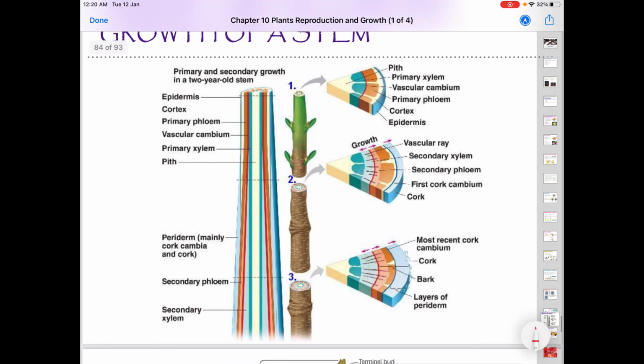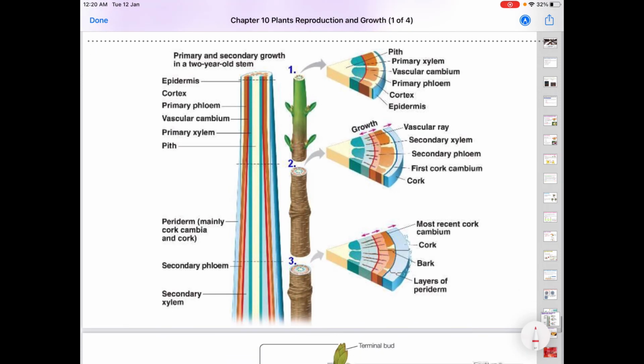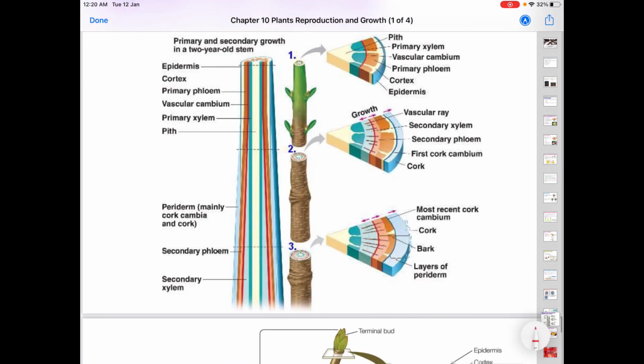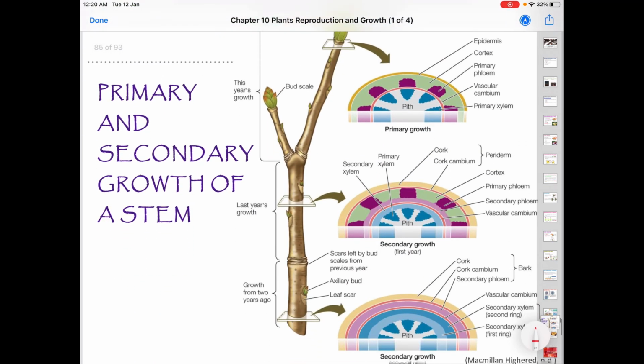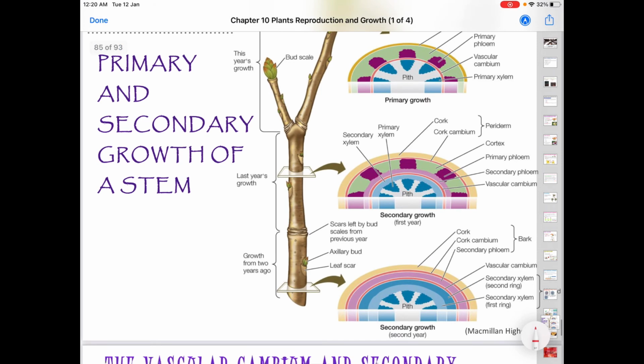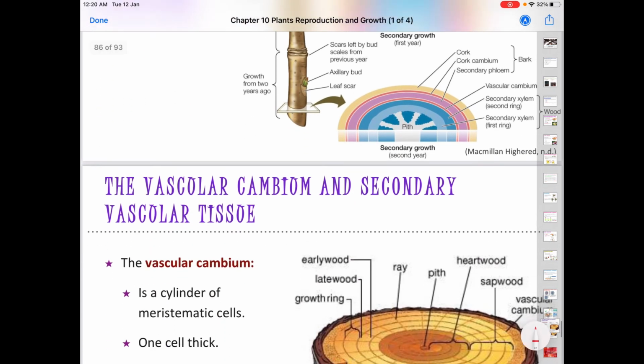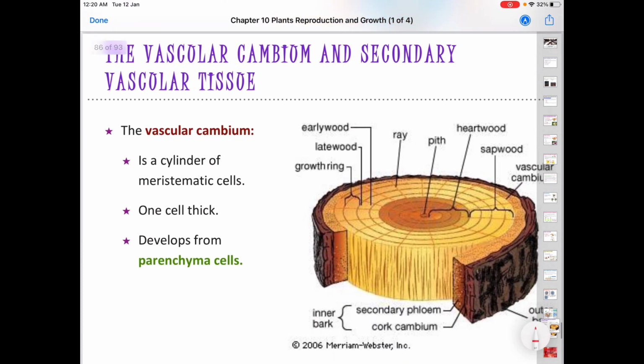These are important: primary and secondary growth of a stem. This one you may revise by yourself. Look at the image and identify each part of the plant. This is another diagram that shows the primary and secondary growth in a stem. This is the vascular cambium, which is related to the formation of the secondary phloem and secondary xylem.